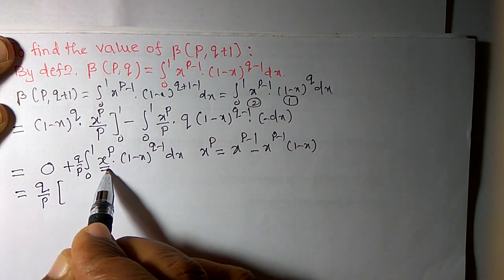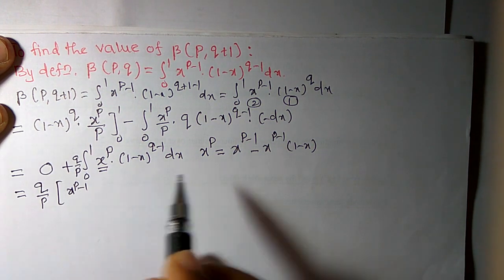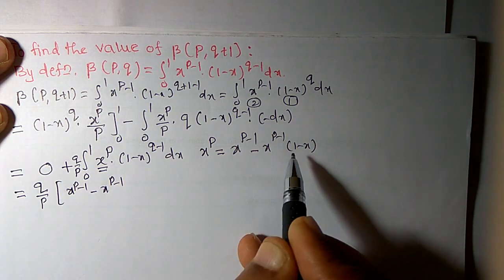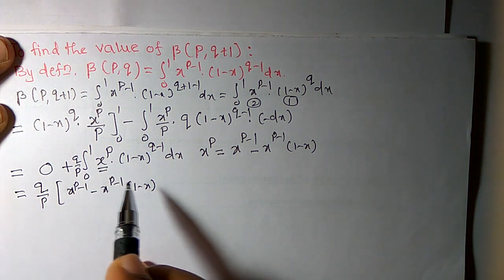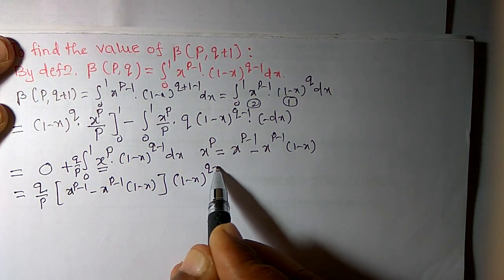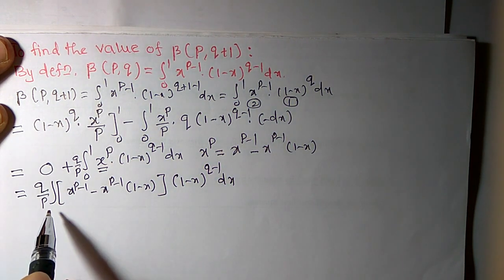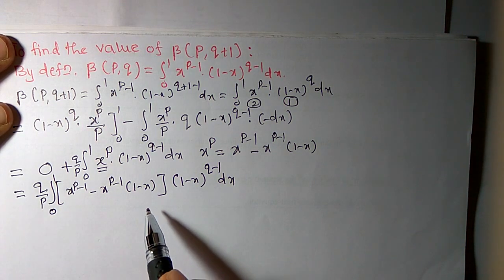So the value of x raised to p can be written as x raised to p minus 1 minus x raised to p minus 1 into 1 minus x. This is the value of x raised to p into 1 minus x raised to q minus 1 dx under the integral sign with the limits 0 to 1, right?